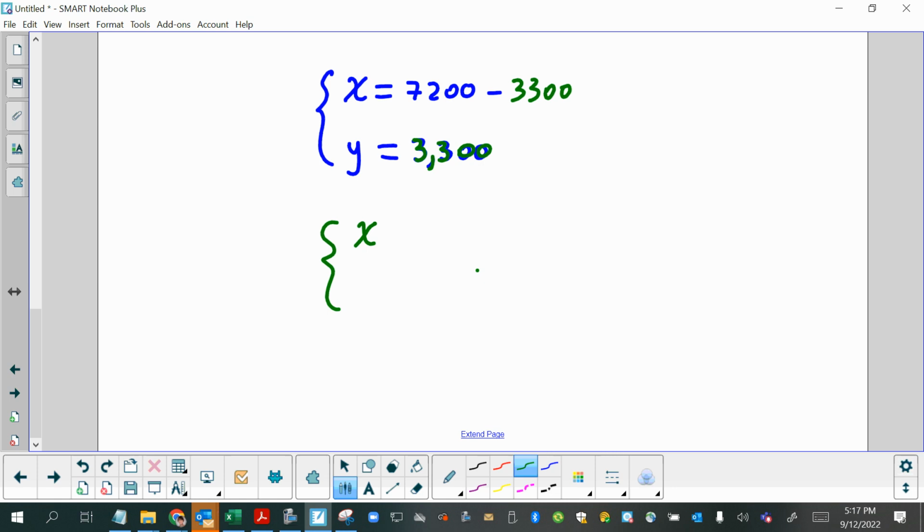So now I have x equals 7,200 minus 3,300, which is 2,400, and y is 3,300.